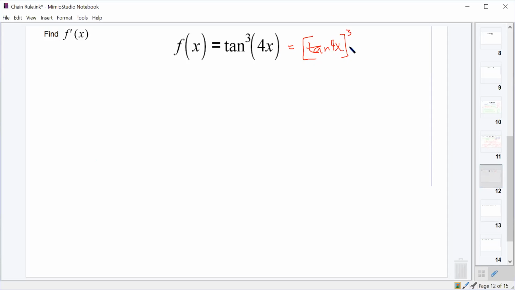So the outermost function part of this is, we'll say y equals u cubed with u equal to tangent of 4x. So we should be able to set up a chain rule that the derivative f prime of x ought to be the derivative of y, which is 3u squared, times the derivative of u. Well, how do we find the derivative of the tangent of 4x? Isn't that in itself a composition of two functions?